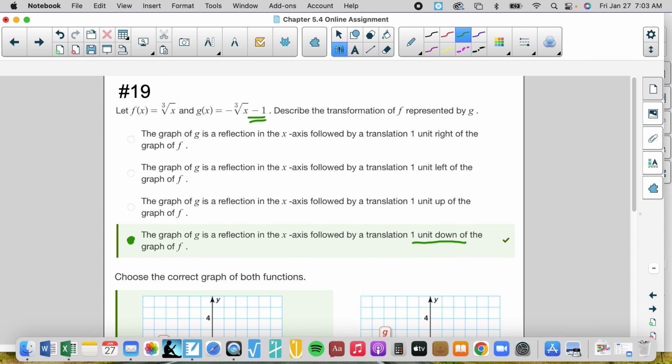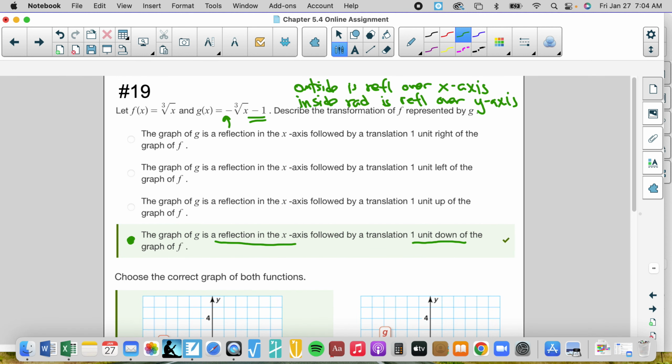And then it's a reflection on the x-axis. When that negative is on the outside, outside is reflection over the x-axis. Inside the radical is reflection over the y-axis.